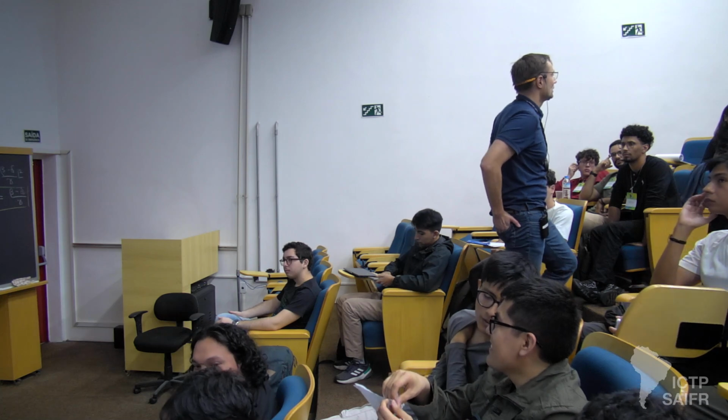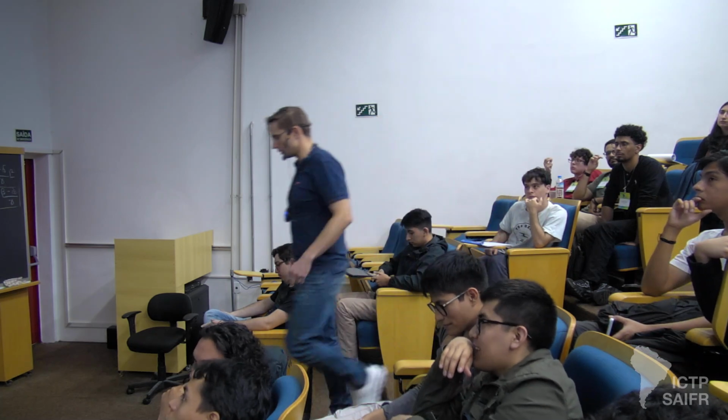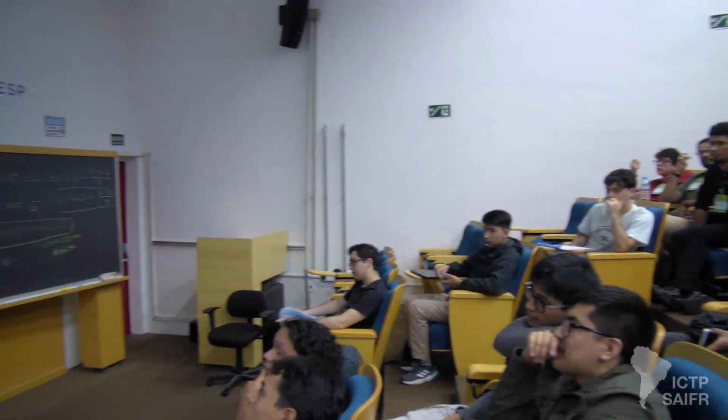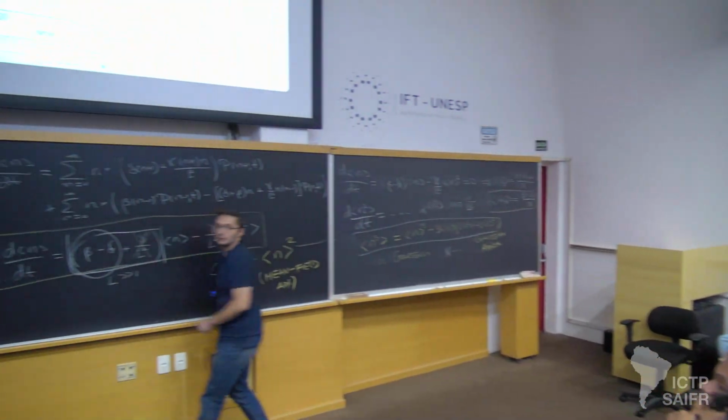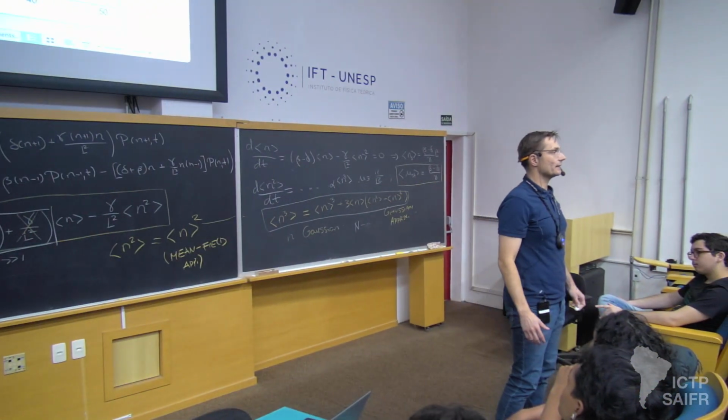So the question here is what happens if you initially have a lot of them? Well, you would have exponential relaxation to the stationary state, basically because the only thing that you would do is that this term will change sign, and therefore the linear regime, instead of being a growing exponential, is a decaying exponential.